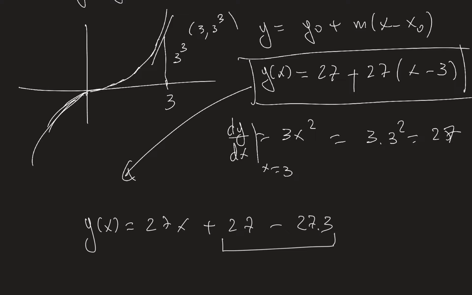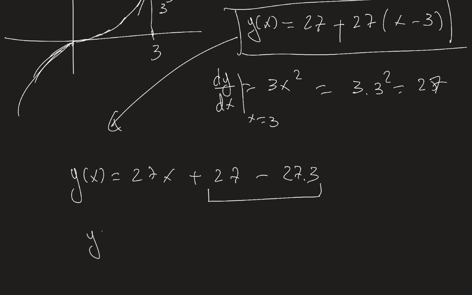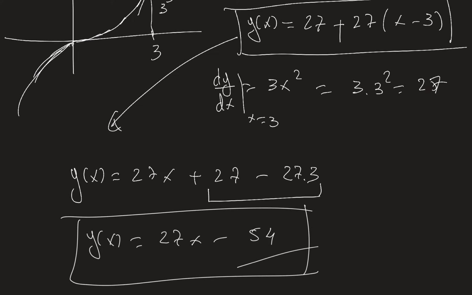If you sum this, it will be y of x equals 27x minus 54, since 27 times 3 minus 27 is the same as 27 times 2, and 27 times 2 is 54. So this is the equation of the tangent line. Okay, let's go to the next problem.